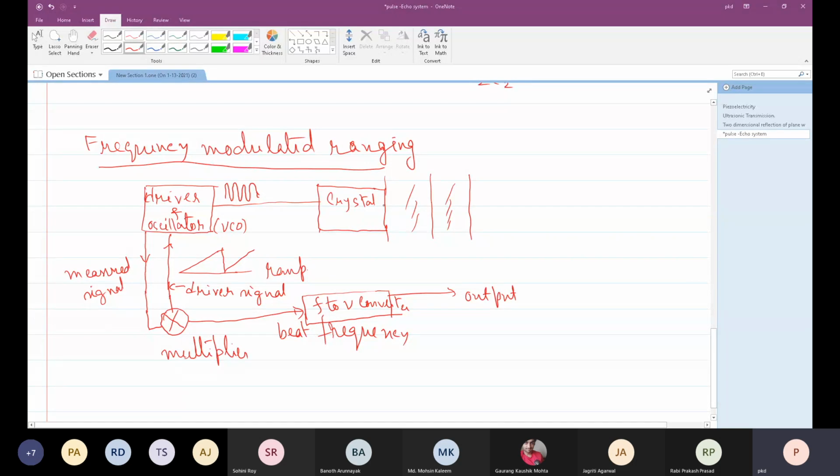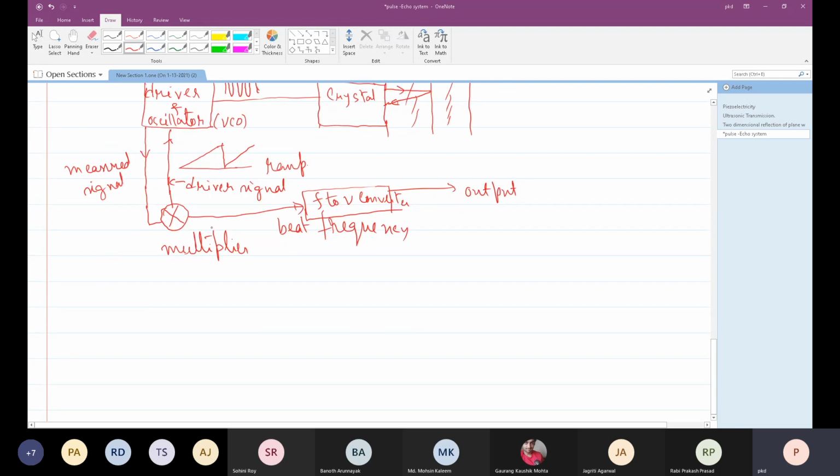Then while this signal is launched, say it is here, the launching time, the reflected signal is about here. So there will be a frequency shift. If we multiply this measured signal and the driver signal, because the measured signal comes to this multiplier after some time, that is the time of flight.